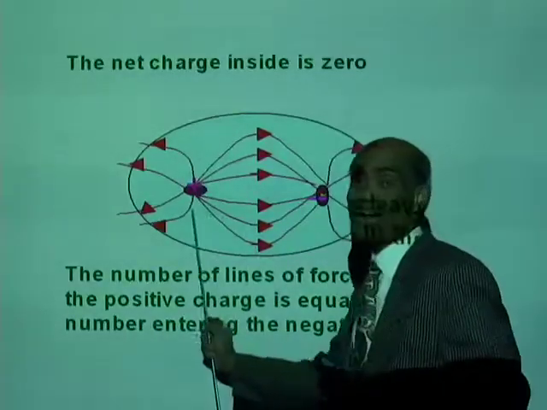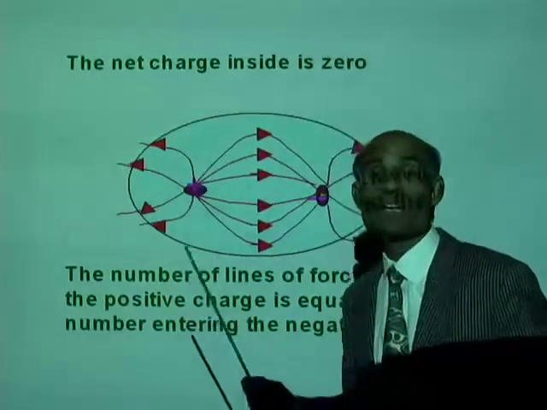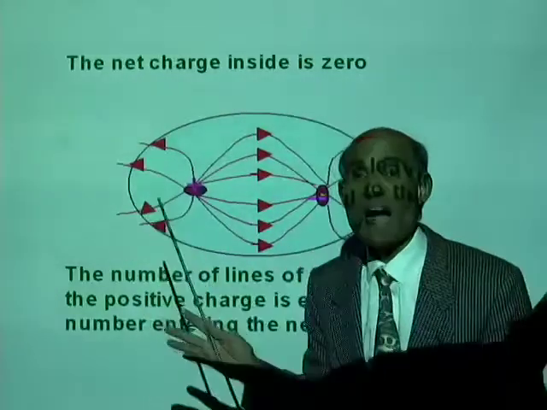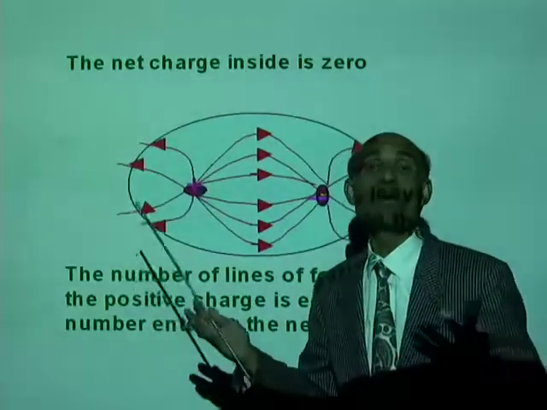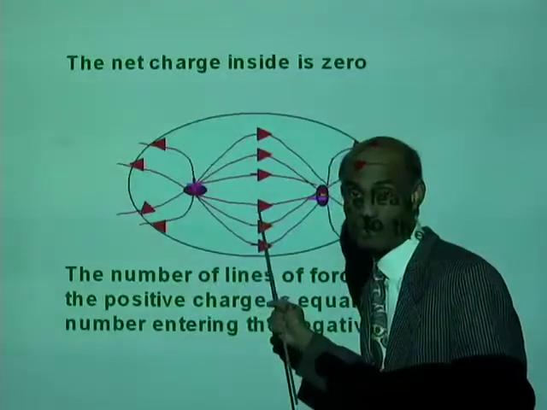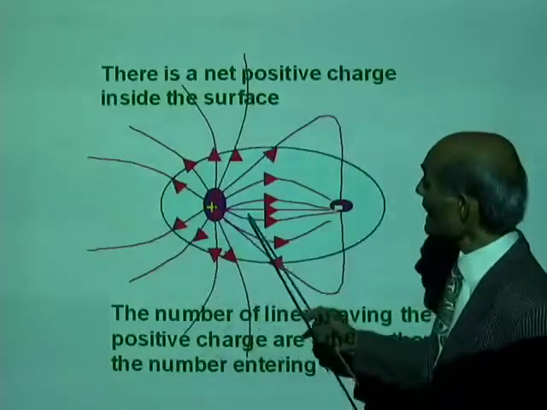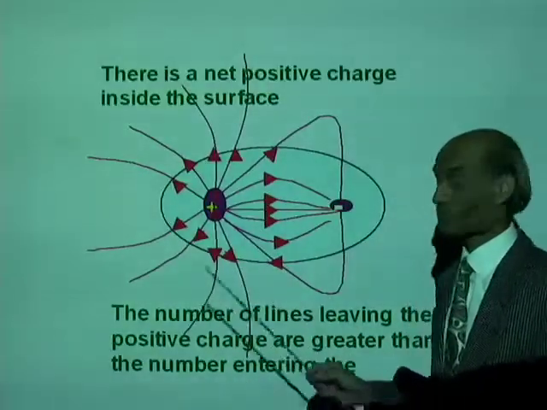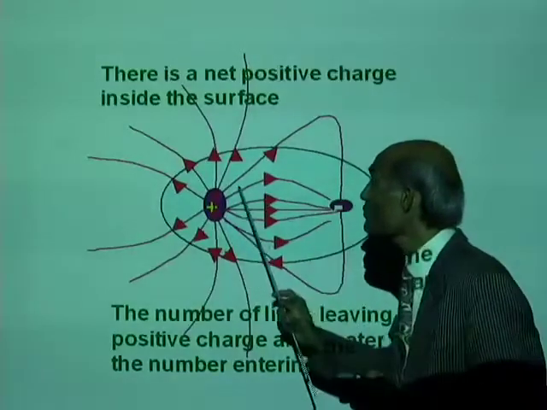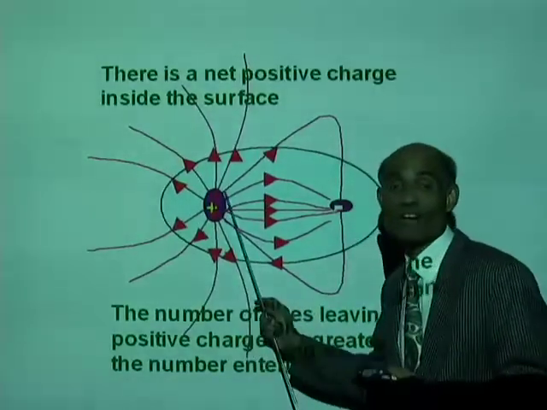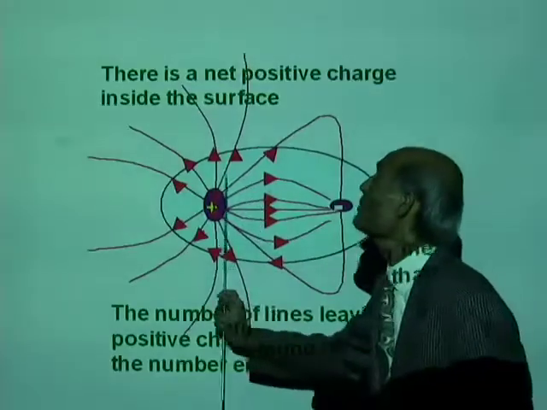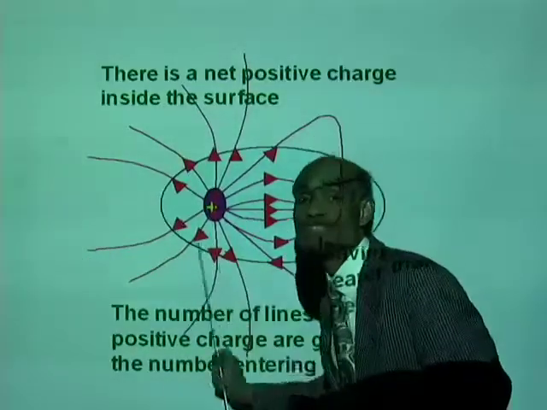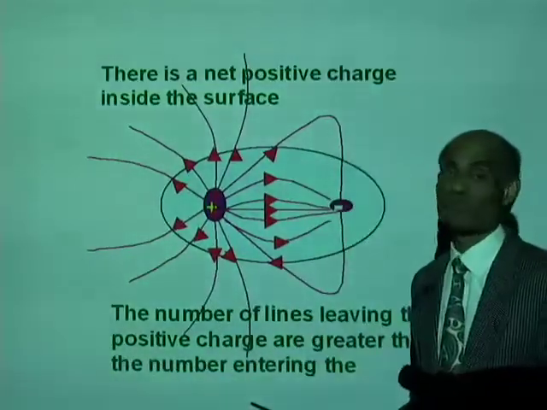The net charge is 0 inside. The net flux either entering or leaving also is 0. Alright? On the other hand, look at this. This surface contains a net positive charge. That means there will be a net flux leaving the surface.